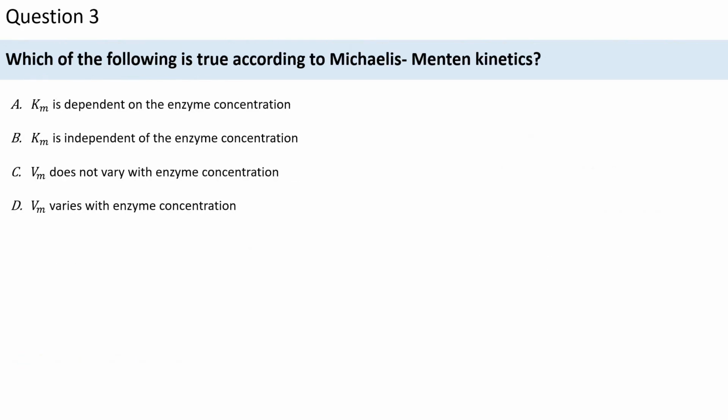Moving to question 3, which of the following is true according to Michaelis-Menten kinetics? Km is dependent on the enzyme concentration, Km is independent of the enzyme concentration, Vm does not vary with enzyme concentration, Vm varies with enzyme concentration. So, Michaelis-Menten kinetics: V is equal to Vmax S divided by Km plus S. Here Vm corresponds to k3 into Et, whereas Km corresponds to (k2 plus k3) divided by k1.